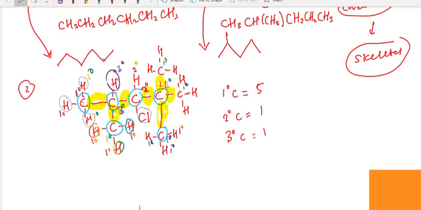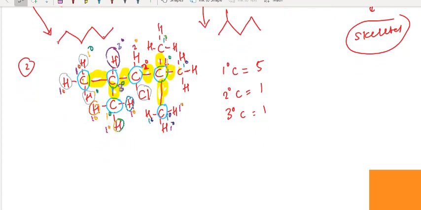Okay, so that's all. But the rule for determining the class of carbon here doesn't apply to the double bond or triple bond. Okay, so it is only for single bond only.